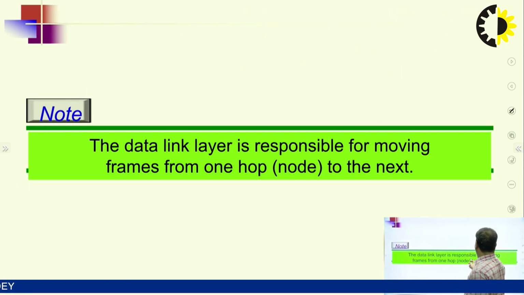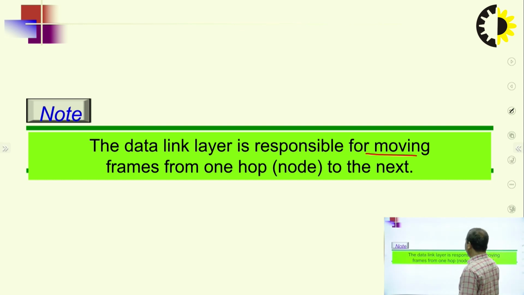So the data link layer is responsible for moving frames. What is a frame? A frame is basically a combination of some fixed size bits, or maybe even different size bits. So the data link layer is responsible for moving frames from one hop to the next hop. Hop means a node or any communication device.